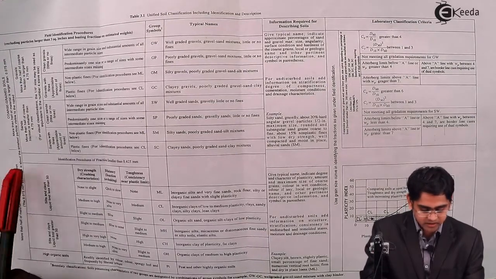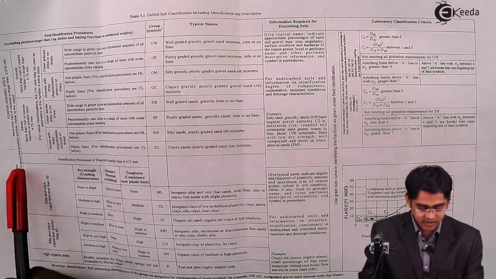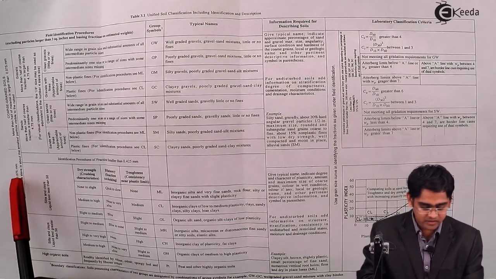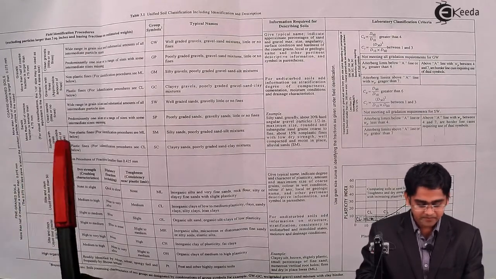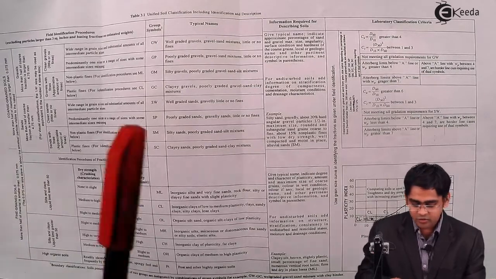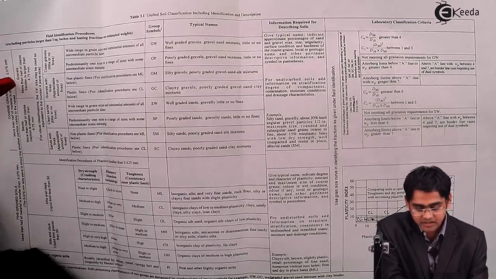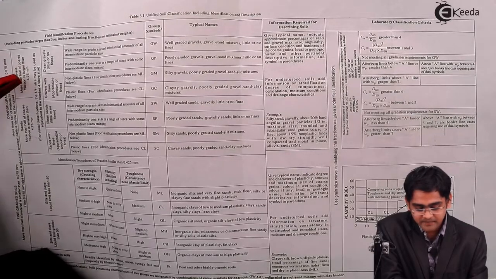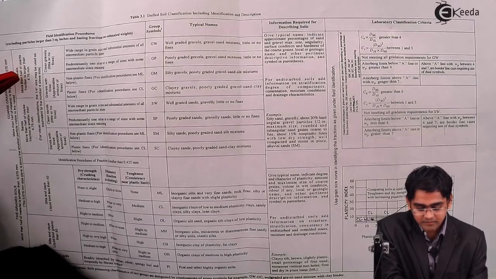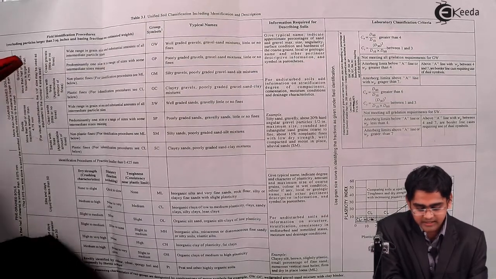You need to deduct the finer fraction, the particles less than 75 micron, and only consider the coarser fraction. If the retained percentage on this 4.75 mm sieve is greater than 50%, then you call it a gravelly soil.